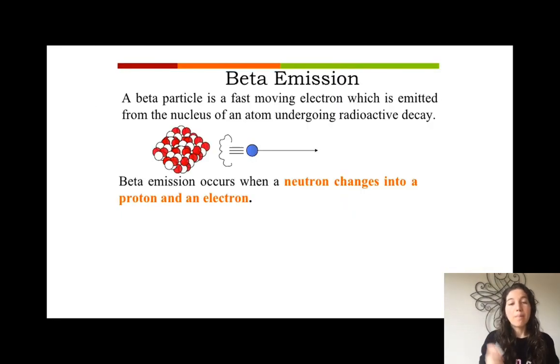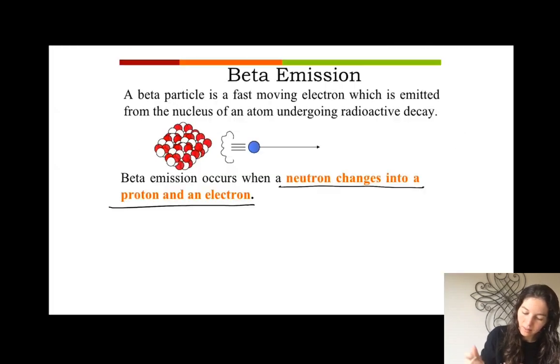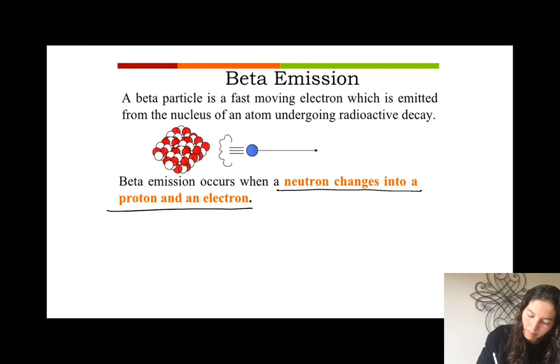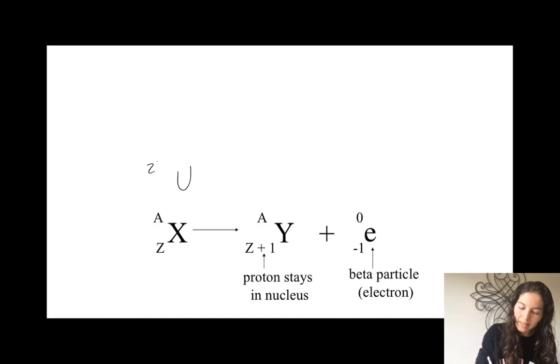Okay, so beta emission occurs when a neutron changes into a proton, and it does this by emitting an electron. So what this looks like is we have some element. Let's use uranium for an example again. So uranium-238, 92, just because I'm familiar with that one.